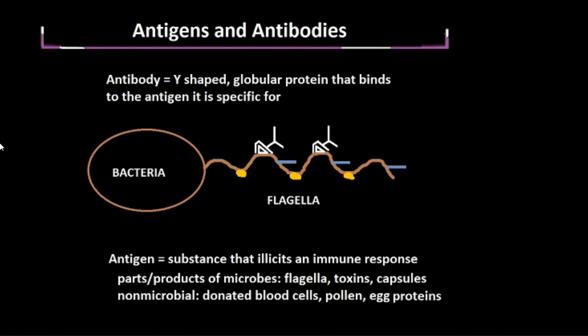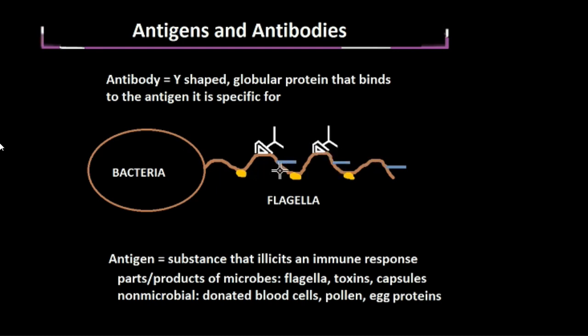Now that we've discussed what an antibody and an antigen is, let's start to talk about their interaction. Here we have our bacterial cell with its flagella or tail-like appendage, which is going to serve as our antigen in this case. And as you can see on the flagella, there are three different epitopes or specific regions that antibodies can bind to.